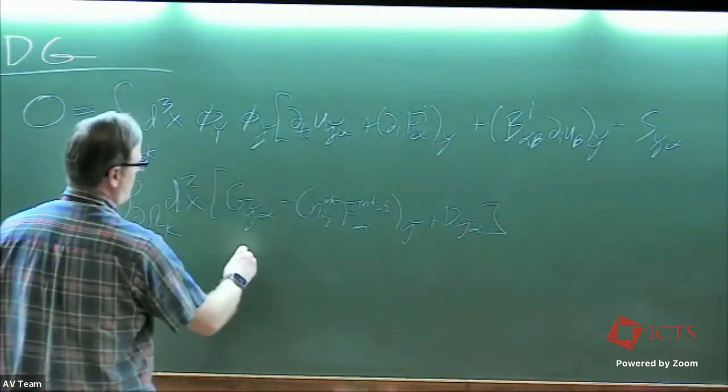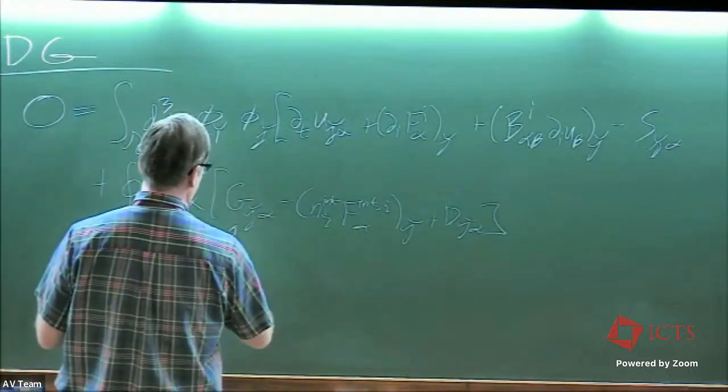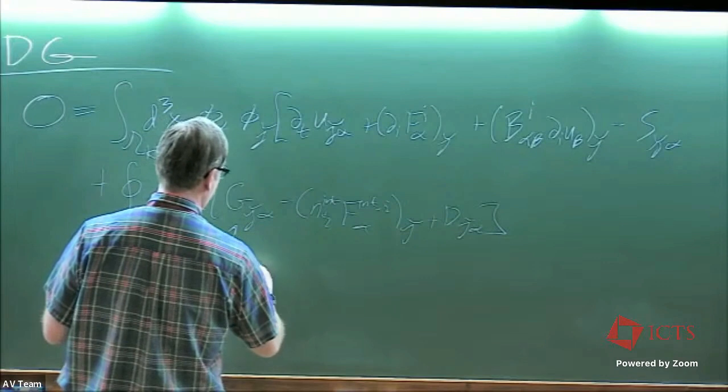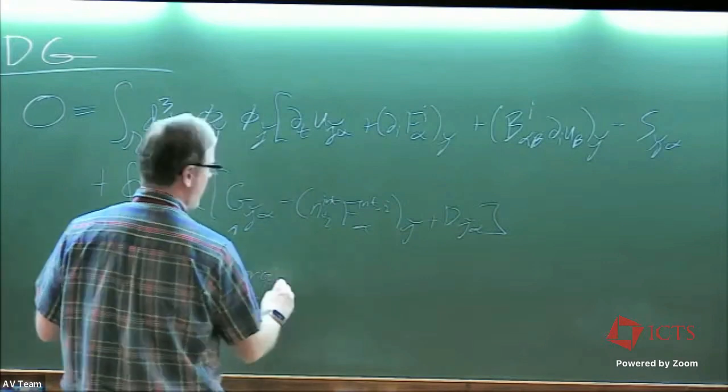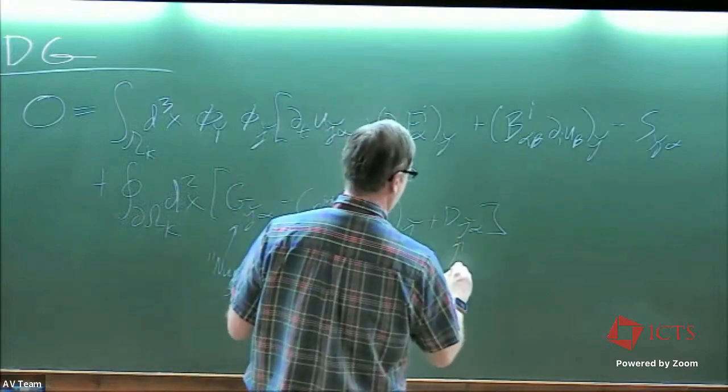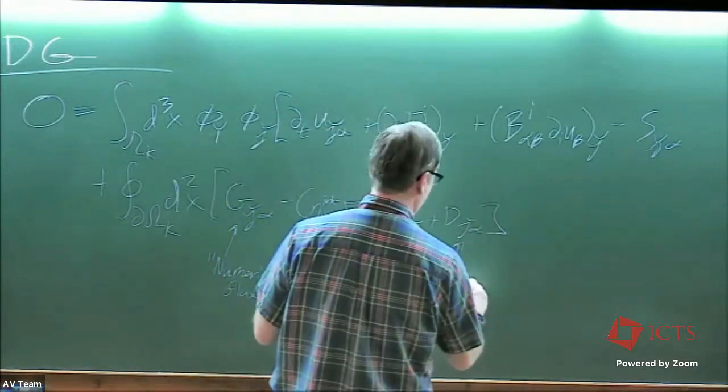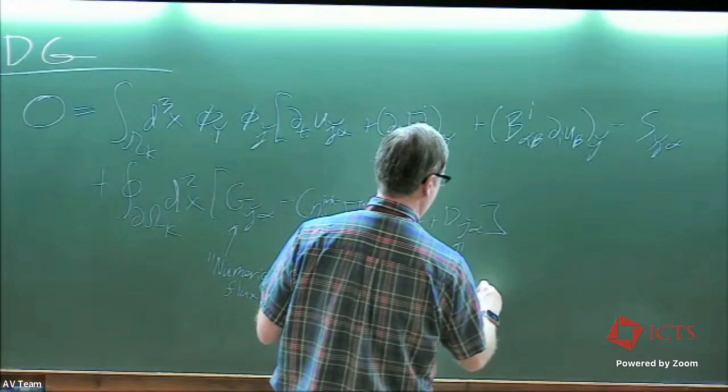Now, this term here was the numerical flux. And this term here was the non-conservative boundary correction.